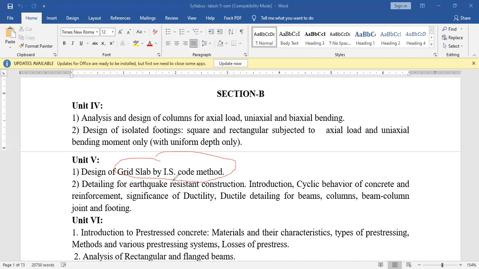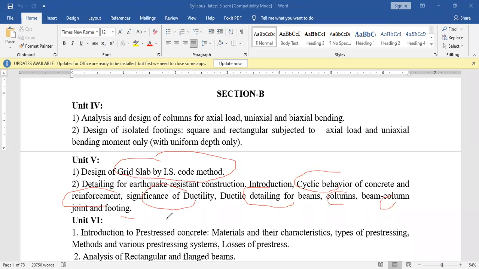Then, earthquake resistant construction. Introduction, cyclic behavior of concrete and reinforcement, significance of ductility, ductile detailing of beam column joint and footing. So we're not going to consider how that particular earthquake behavior is there, why earthquake occurs or likewise. That has already been covered in the different subjects related to the earthquake.